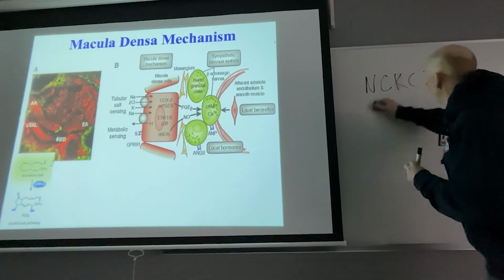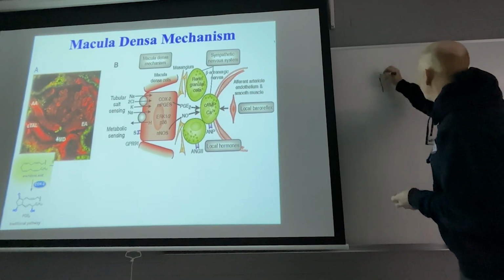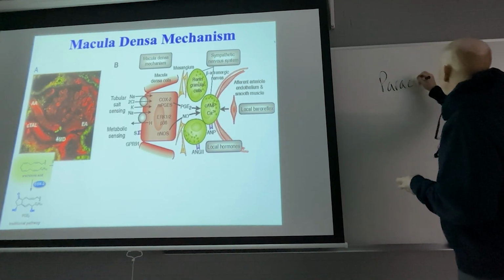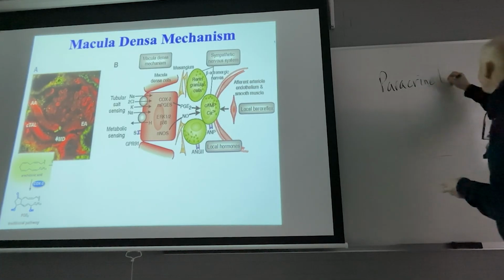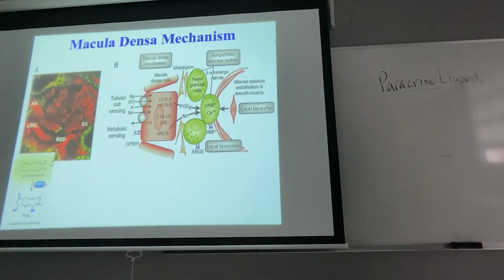So this molecule that we're going to talk about is a type of communication molecule that we call a paracrine ligand. A paracrine ligand means a local ligand, a ligand produced that is going to act locally.